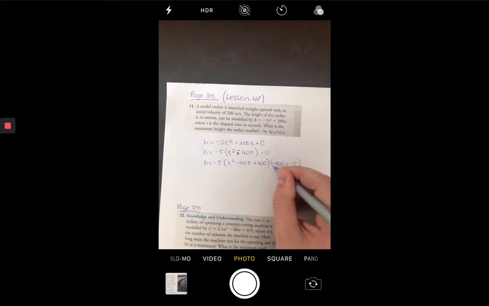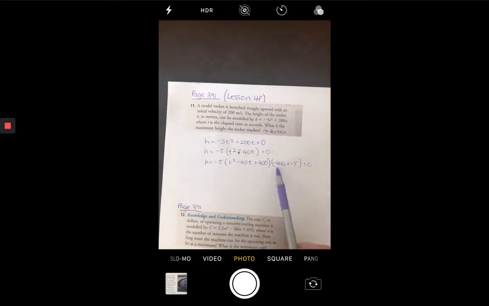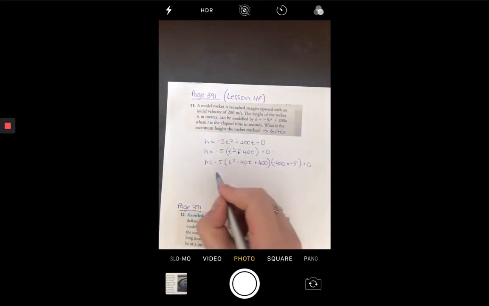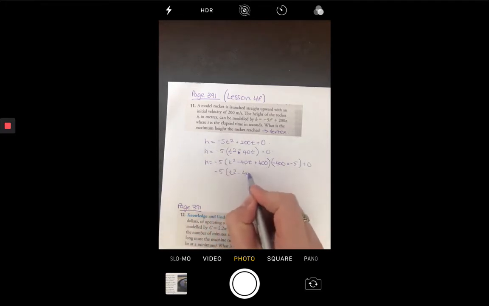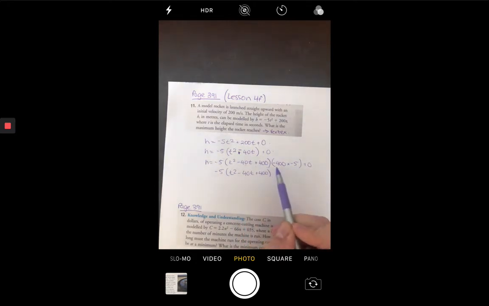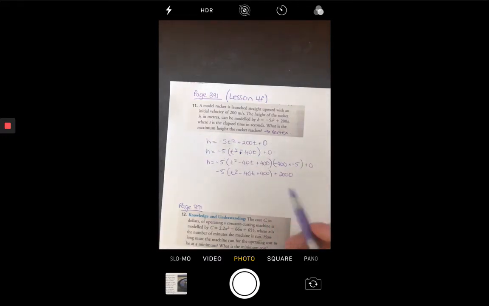I'm just going to put that in brackets for now so I can remember that I have to do that. So negative 400 times negative 5 is 2,000.